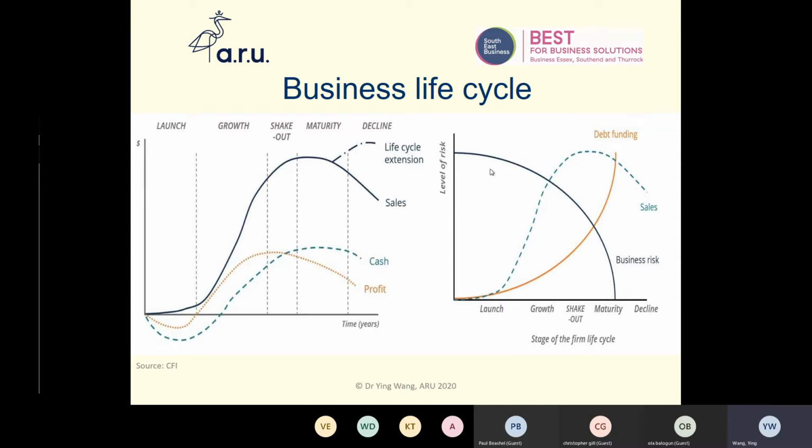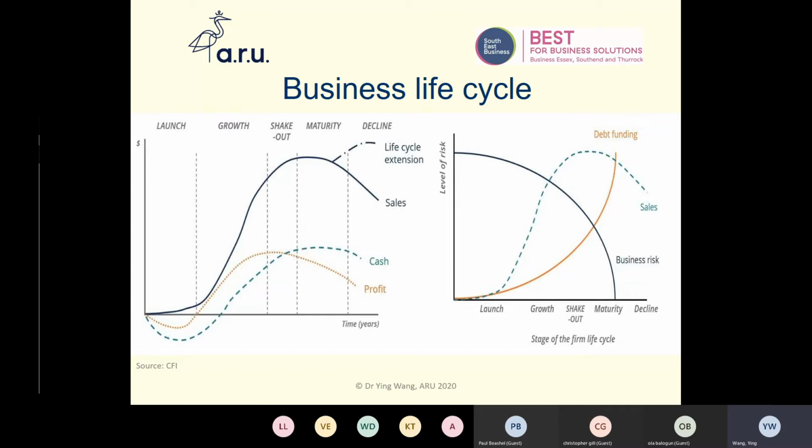So, the business risk on the right-hand side of the diagram: you will notice here the finance of this investment process. If you think about the beginning, it's very difficult to borrow from a bank or from other investors.